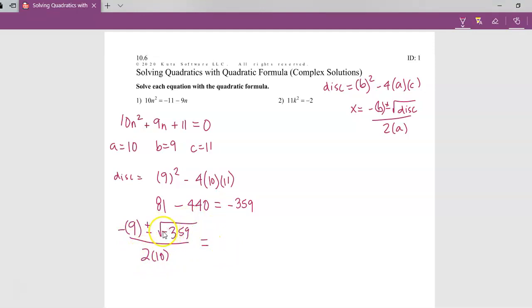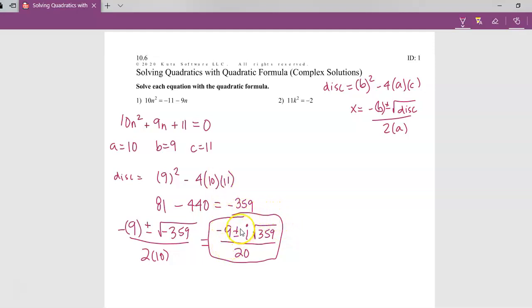So remember, if I have a negative under my square root, that means it's imaginary, so I would just put an i in front of square root 359, and then over 20. I think 359 does not break down or simplify. And in fact, 359 is a prime number. So because of that, we can't simplify this any more than this. So this would just be our answer.